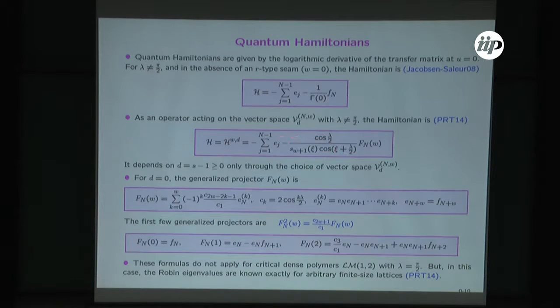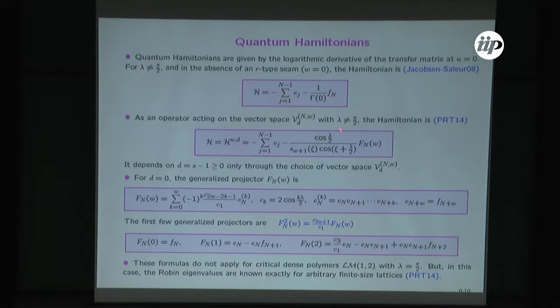Notice that D or S does not appear in this Hamiltonian. D and S only enters through the choice of the vector space of states that you act on. So although the Hamiltonian does not depend explicitly on D and S, the spectrum that you get when you act on the different vector spaces does depend on D and S.